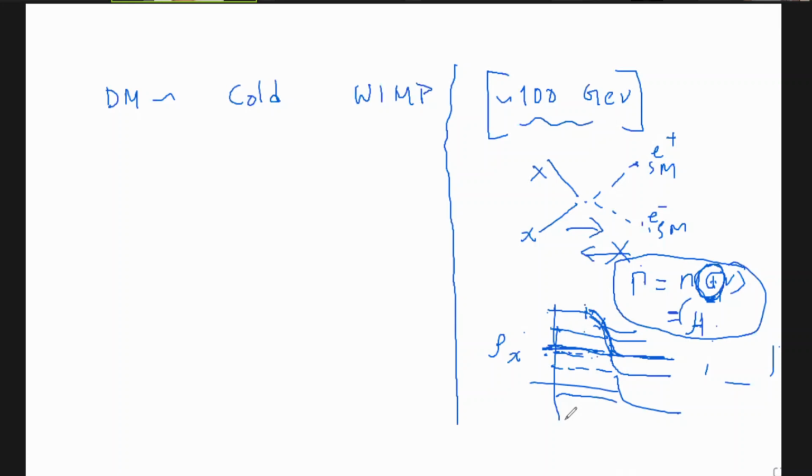So now you can map rho chi today exactly with sigma. Sigma, that is the particle physics. Given a sigma, you will find what the rho today is.